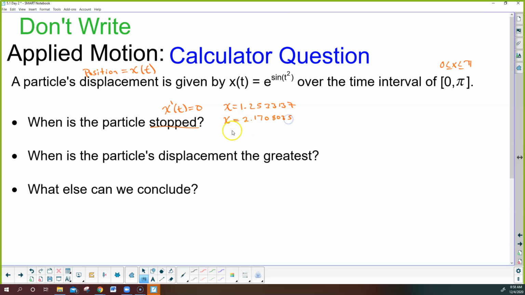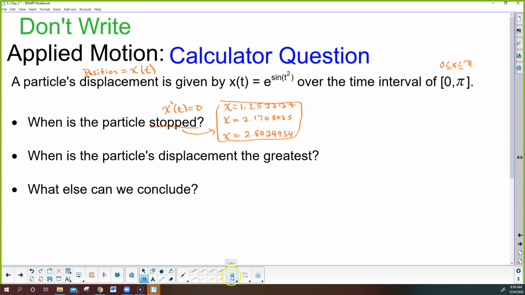And you don't want to round until you have your final answer. So my advice is just take all the decimals that they give you, and then you know you're always in good shape. All right, so here's my justification. This is when the particle is stopped. My justification is I found when the derivative is equal to 0.